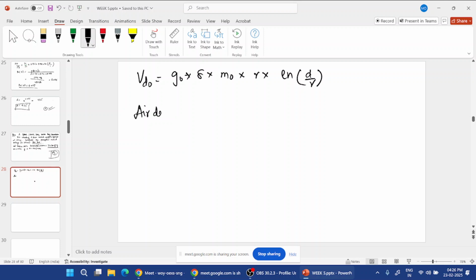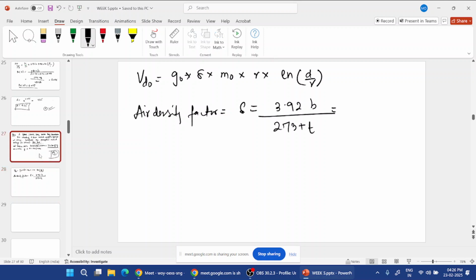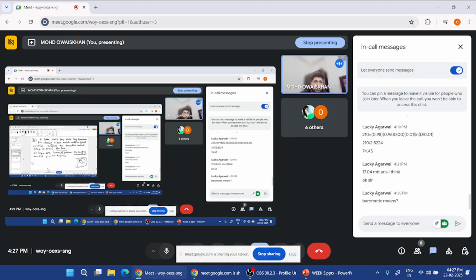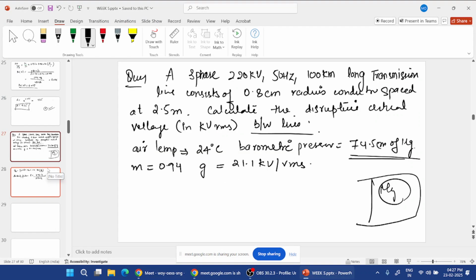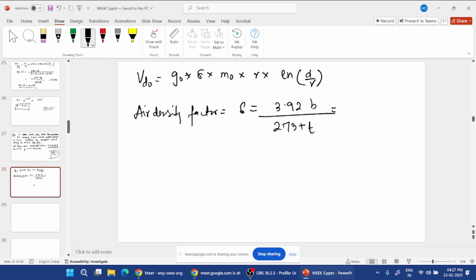Air density factor, which is delta, equals 3.92 B divided by 273 plus T. What is B here? B means how much centimeter of Hg is there. I have just already told you.